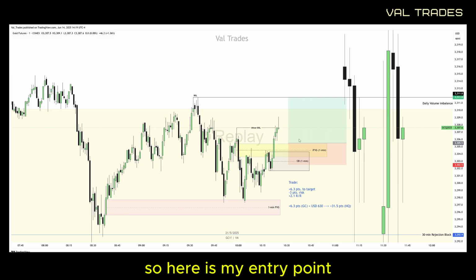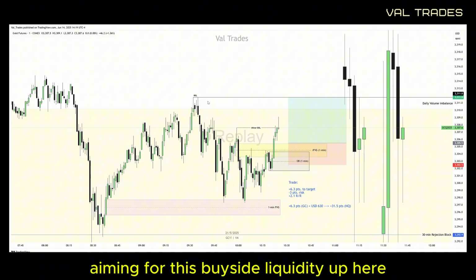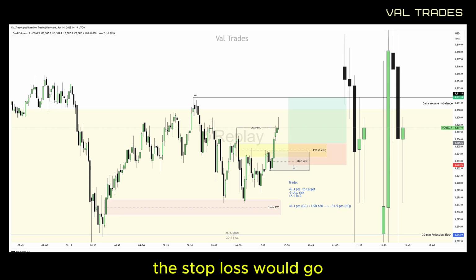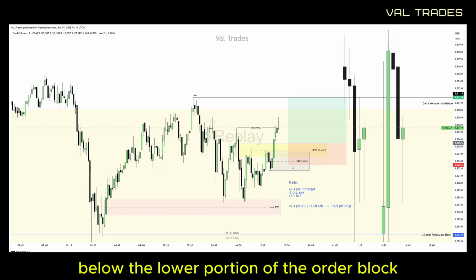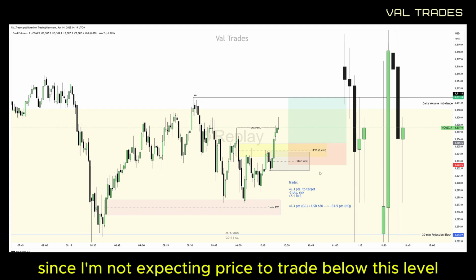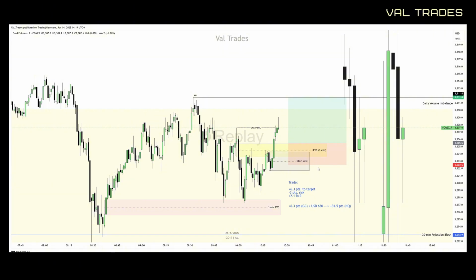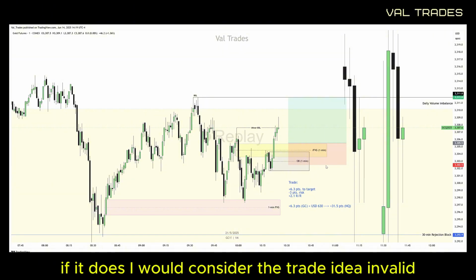So here is my entry point, aiming for this buy-side liquidity up here. The stop loss would go below the lower portion of the order block, since I'm not expecting price to trade below this level. If it does, I would consider the trade idea invalid.